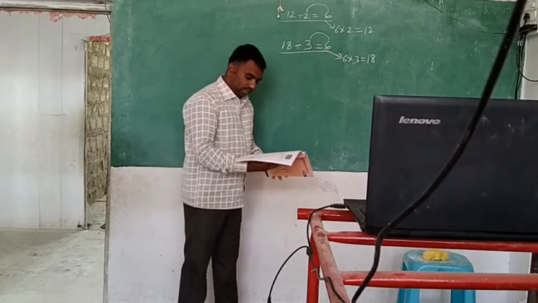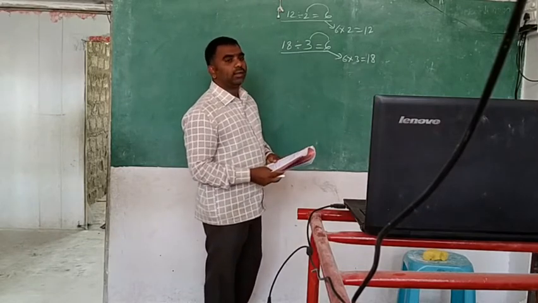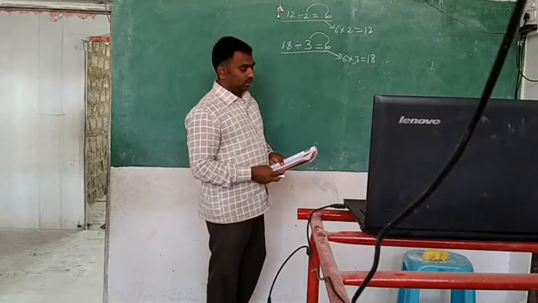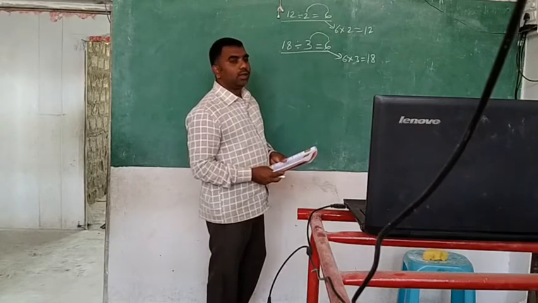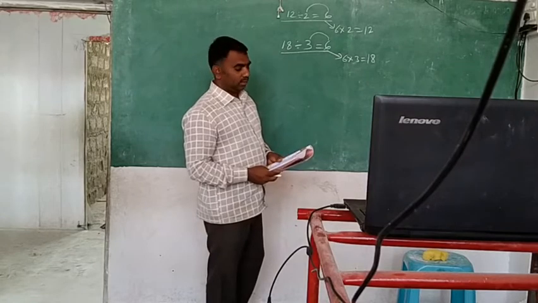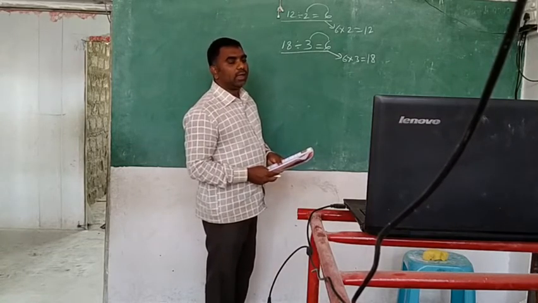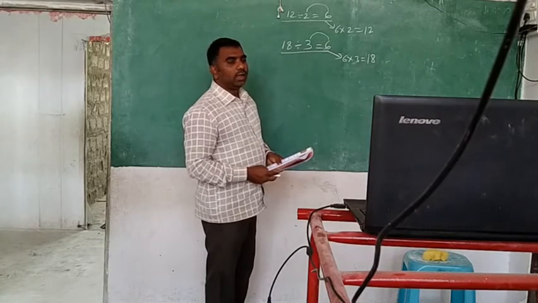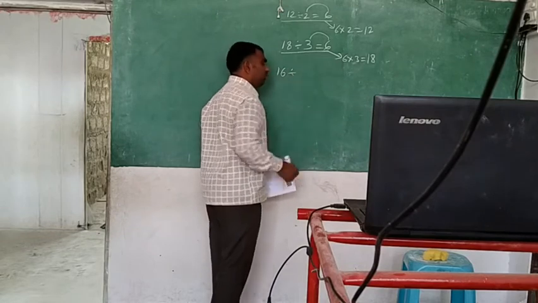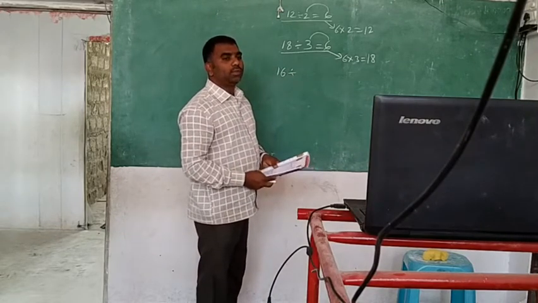In the same way, you can see page number 63. There are cups. How many cups are there? Yes, 16 cups are there. 16 cups you are dividing into 4 groups.